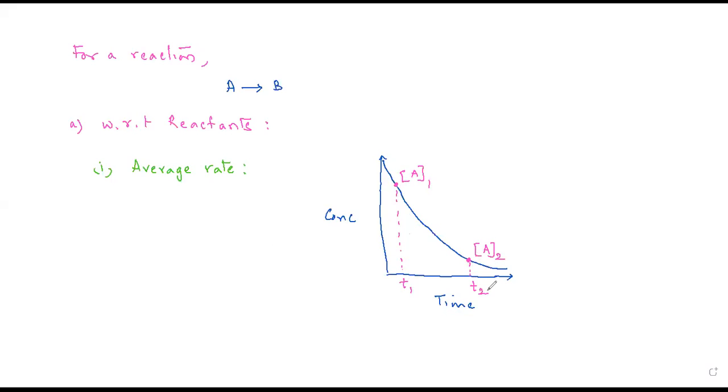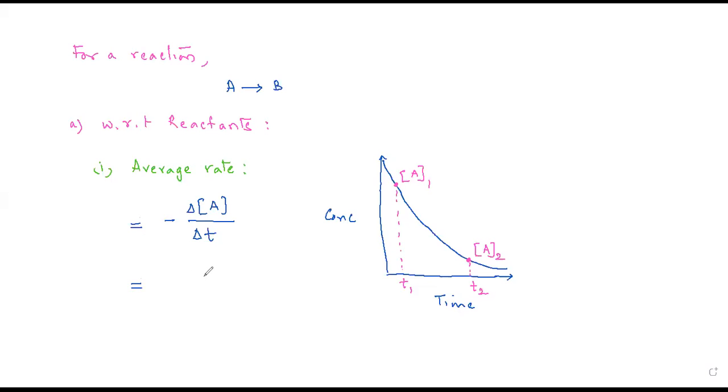Now, if you consider average rate, see it can be given as delta A by delta T. As the concentration of A decreases with the time, it can be shown as minus delta A by delta T. Yes, let me show it.